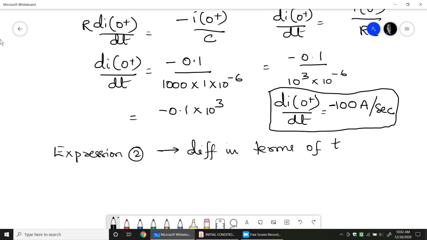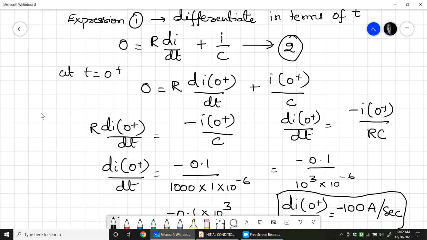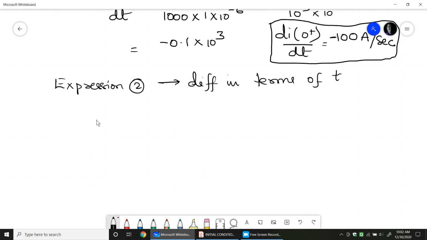So what do we have? In expression 2 we have 0 equals, differentiation of 0 is 0, R into di by dt. If you differentiate again with respect to t, you get d square I by dt square, plus I by C, so 1 over C, differentiating I in terms of t gives di by dt.